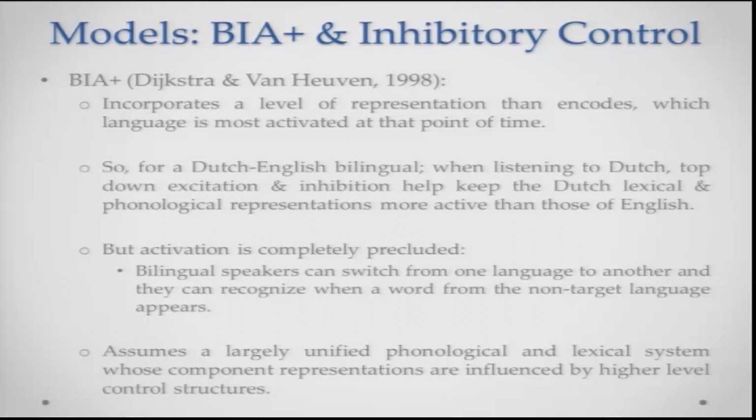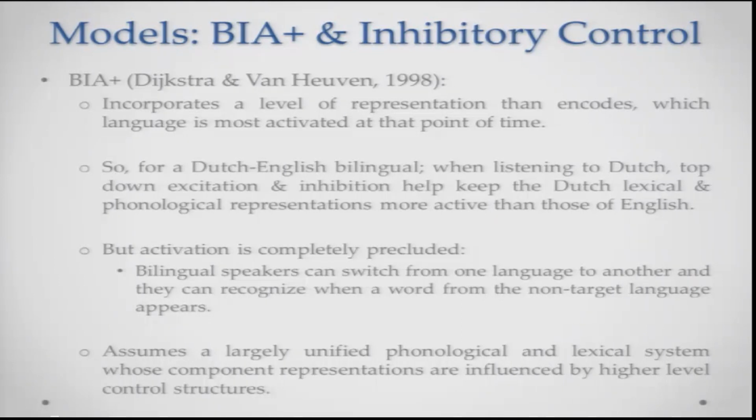I will just discuss two models again rather briefly, because it is not really a major part of this course. One of these models is called the bilingual interactive activation model. I will talk about a slightly recent version of it. This is the BIA plus model, which was given by Ton Dijkstra and Walter van Heuven in 1998.